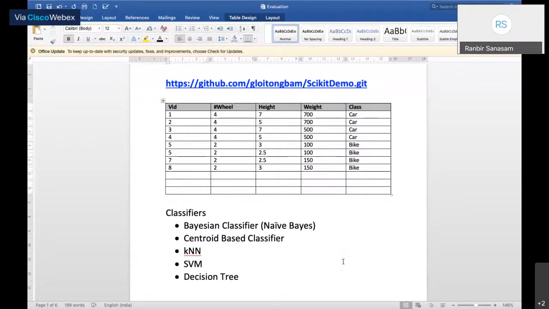Can you see my screen clearly? Do I need to increase the size of this document?